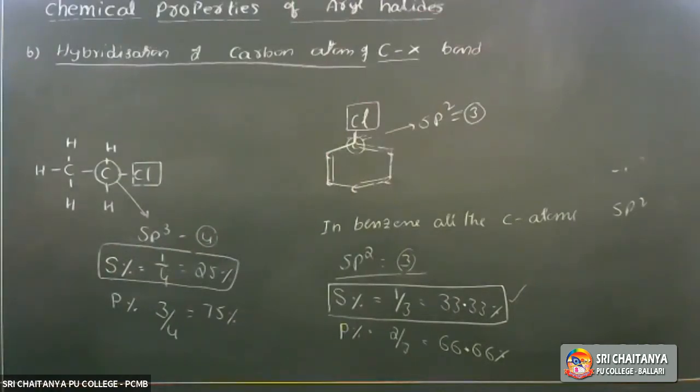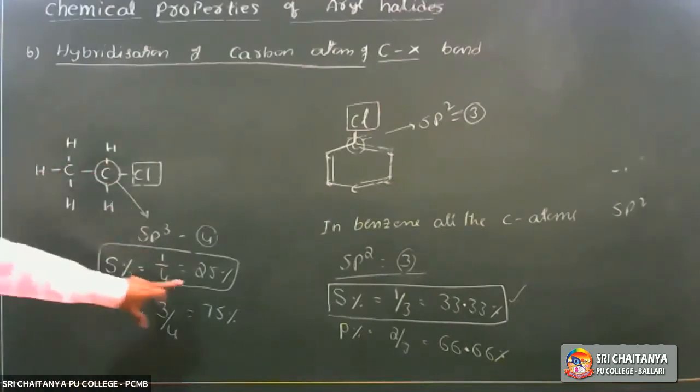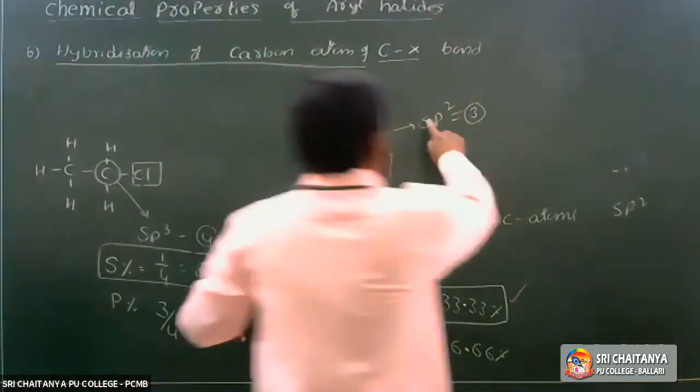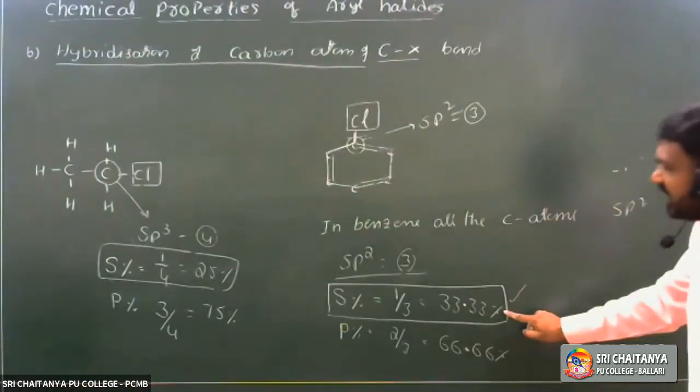Next one. The sp2 hybridized carbon has a greater s character and is more electronegative. In sp3 hybridized carbon, s character is 25%. In sp2 hybridization, s character is 33%.